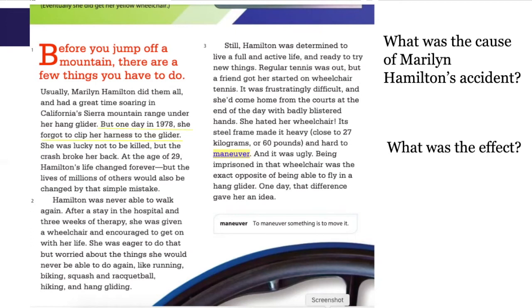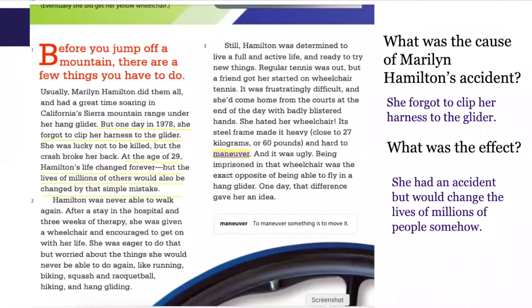Well, because of this, at the age of 29, her life changed forever, but the lives of millions of others would also be changed by that simple mistake. So I'm going to underline that sentence as well. I wonder how her accident changed other people's lives. Let's continue reading paragraphs 2 and 3.